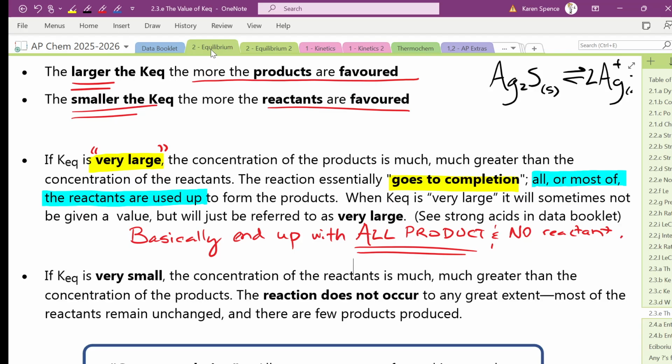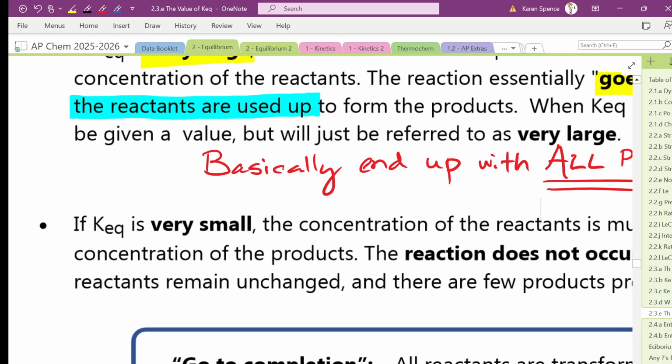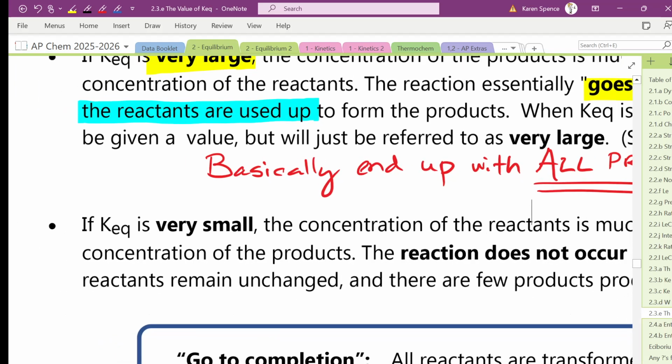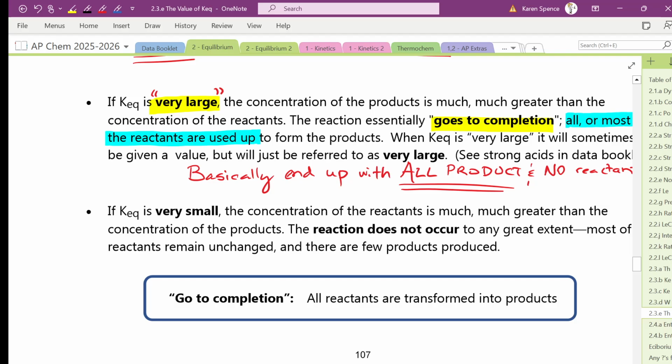Now, if KEQ is very small, the concentration of reactants is much, much greater than the concentration of products.